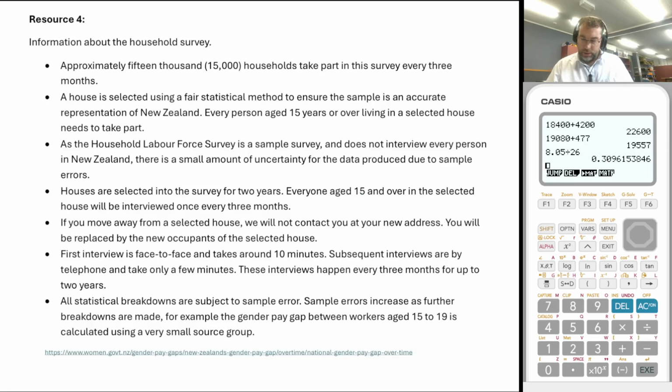It says that it uses a fair statistical method. It doesn't tell us what that fair statistical method is, but it is done by Statistics New Zealand, which is a government agency, so you can have some trust in that. So those are some good things about that. So we could write those as bullet points as reasons why we can trust this.